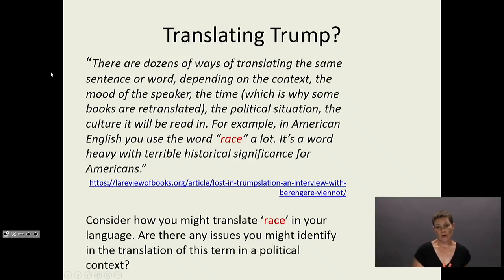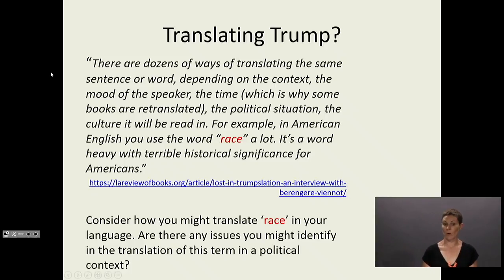But this particular translator, who's translating from English into French, has picked out the term race, which is of course used a lot within political discourse in America. And she writes, for example, in American English you use the word race a lot. It's a word heavy with terrible historical significance for Americans. And she goes on to comment on how equivalents for race in French vary significantly.